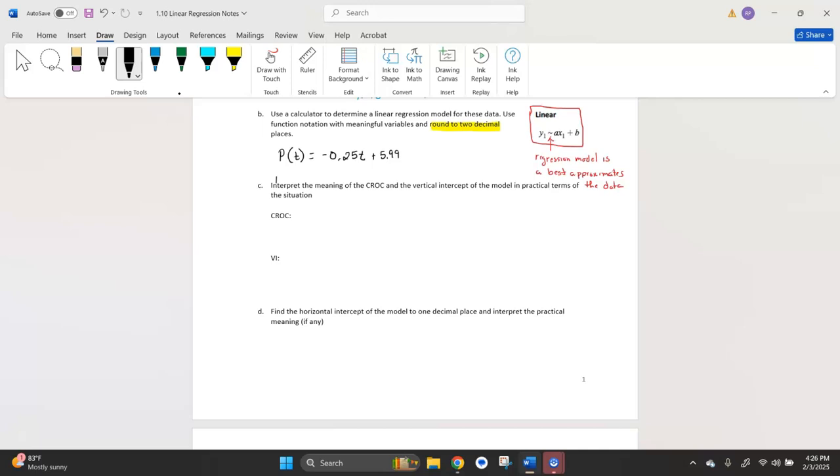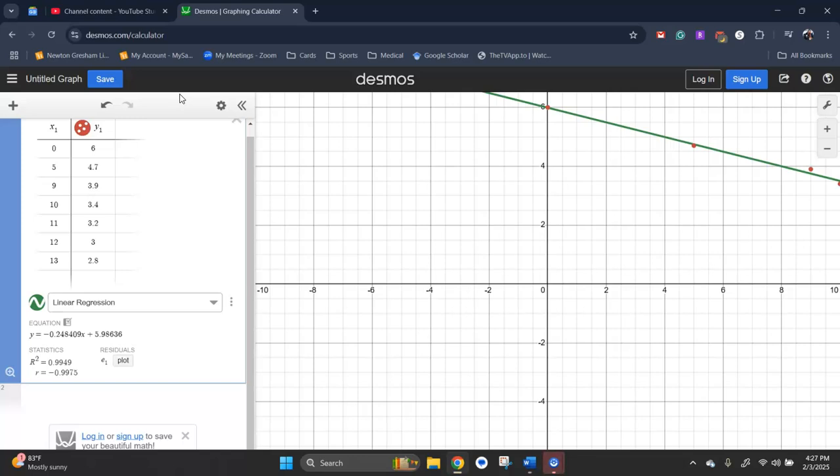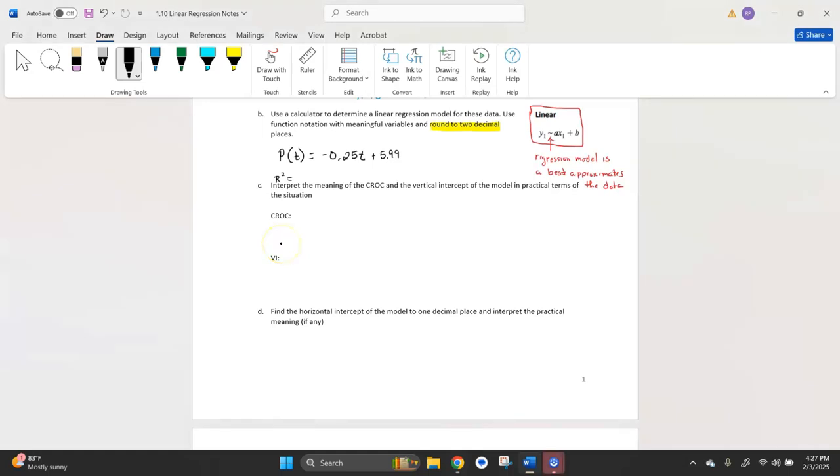And then we also have an R squared value equal to, I believe, 0.9949, or 99.49%. So this is saying that this model is 99.49% accurate to the data. So it's just off by a little bit.